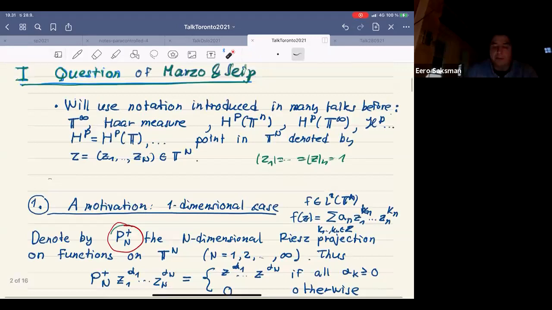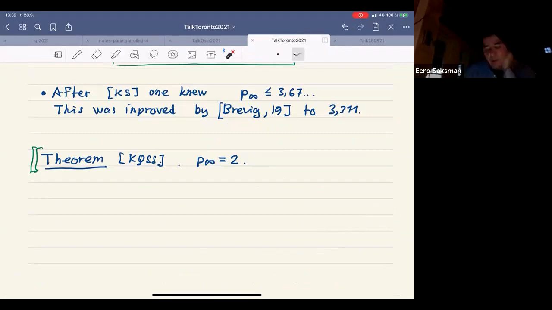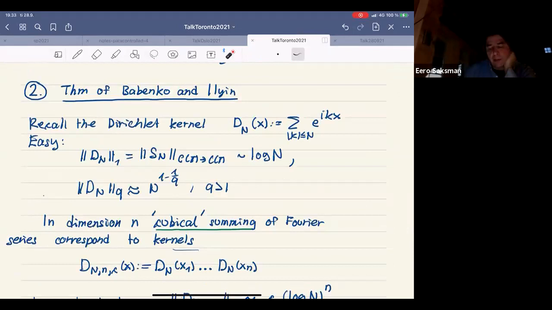Some of the idea of the proof: let me recall the Dirichlet kernel in one dimension. So here you see Dn is the Dirichlet kernel in one dimension. We certainly know how its norms behave.